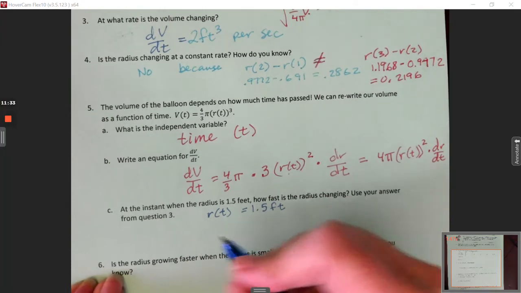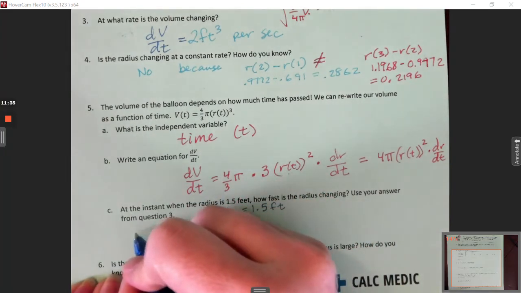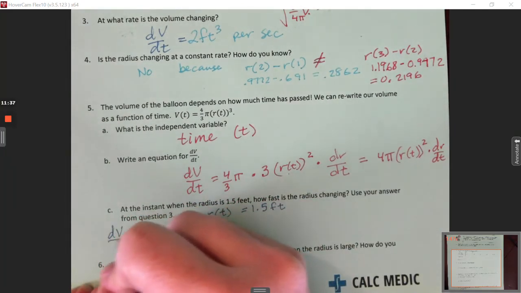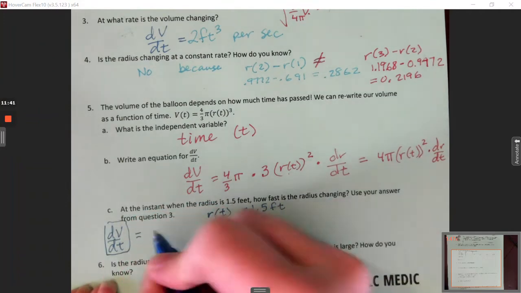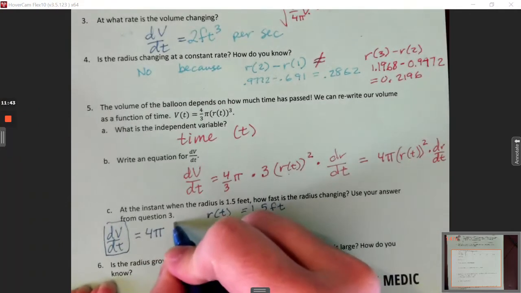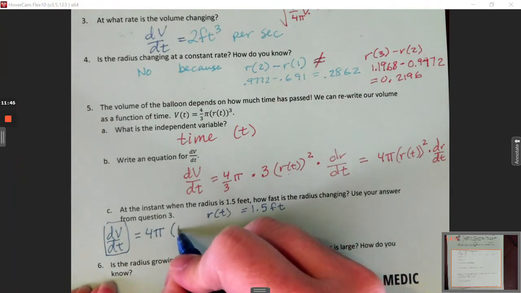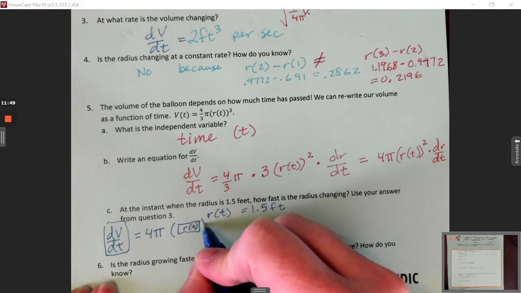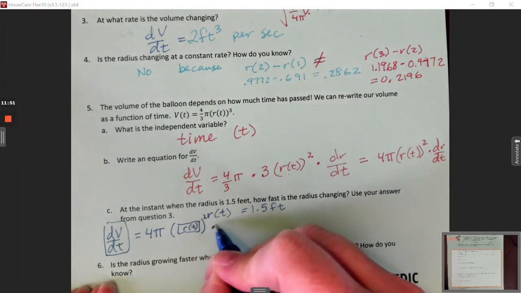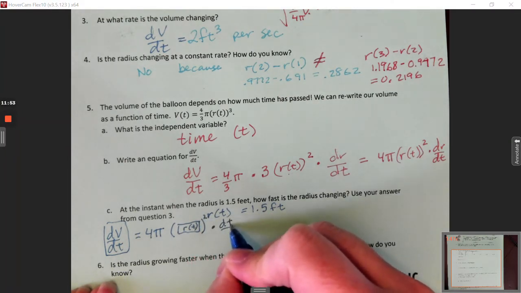So here we go. We've got dV/dt. Let's just write it one more time. dV/dt is going to get replaced. Put a box around that, equals 4 pi, and r of t is going to get replaced, and we do not replace dr/dt.